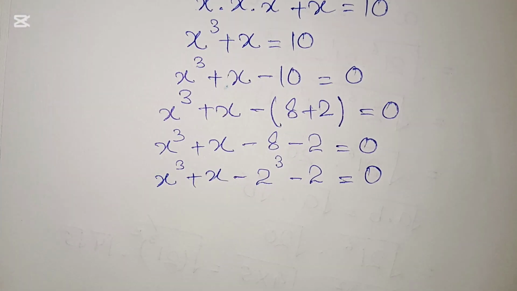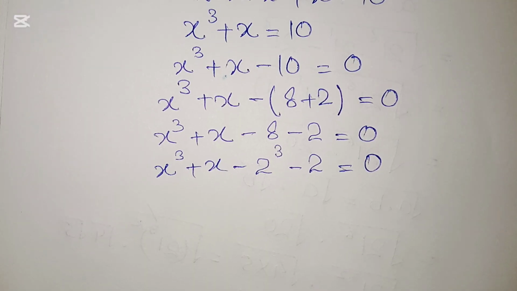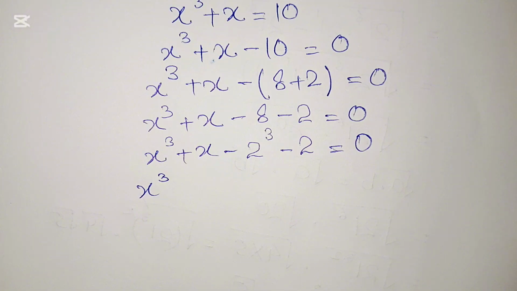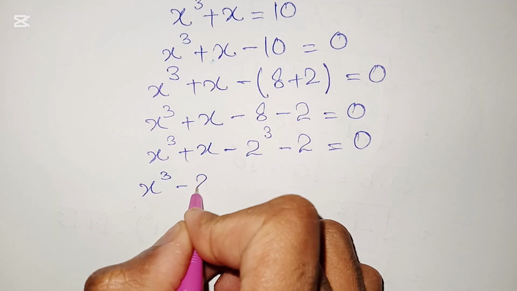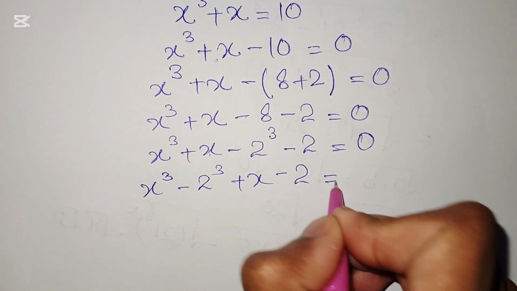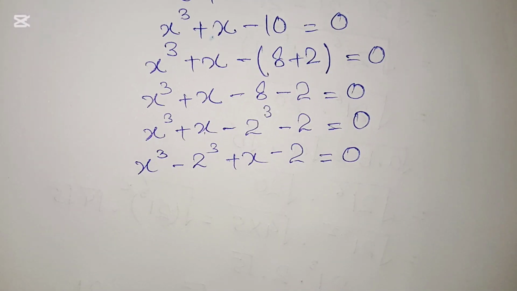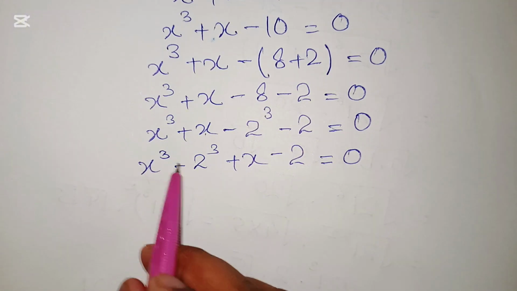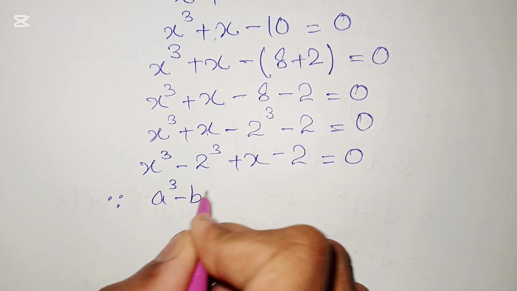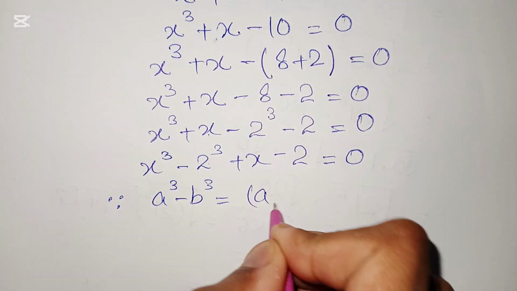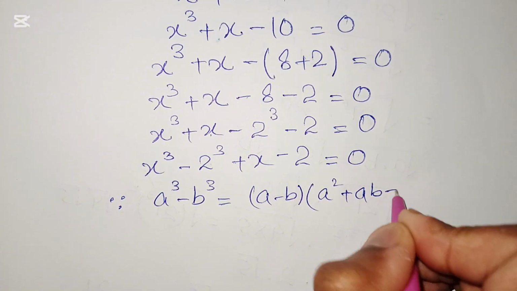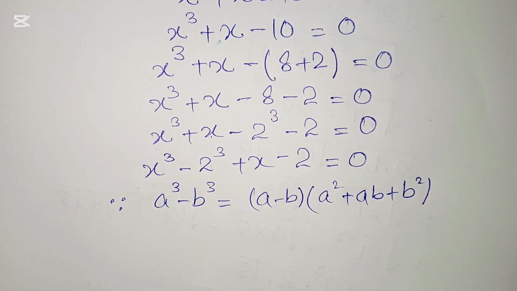Now we will group together the similar terms and rearrange this equation. x cube minus 2 cube plus x minus 2 is equal to 0. Now this is a cube minus b cube. We know that a cube minus b cube is equal to a minus b times a square plus ab plus b square.